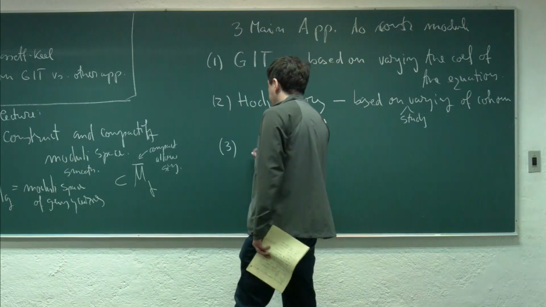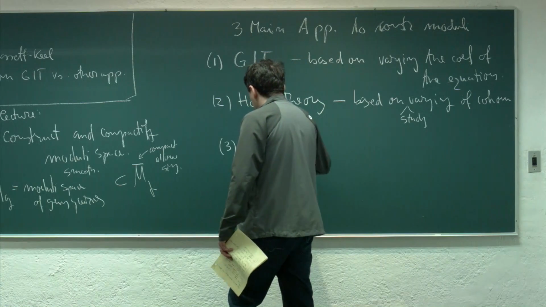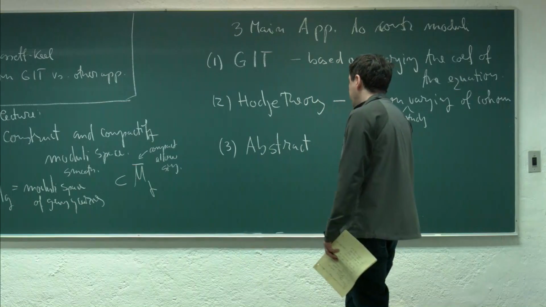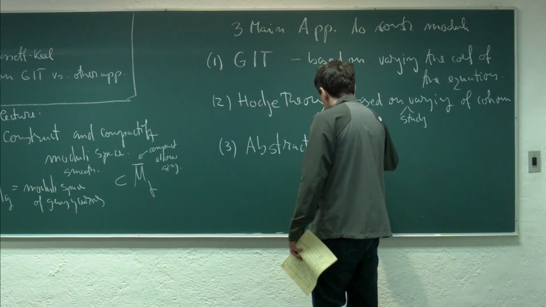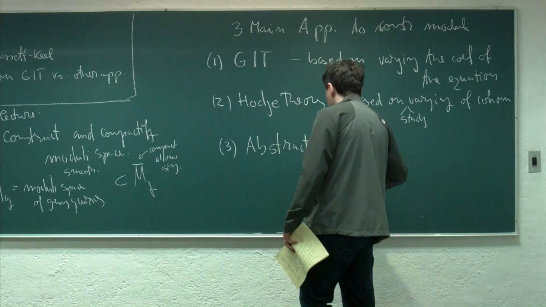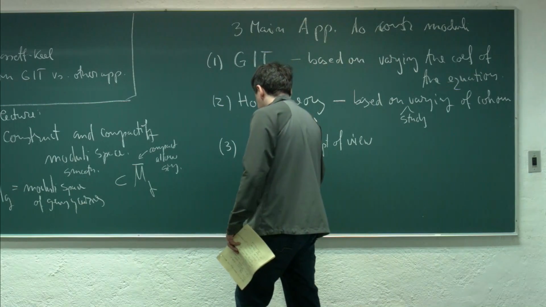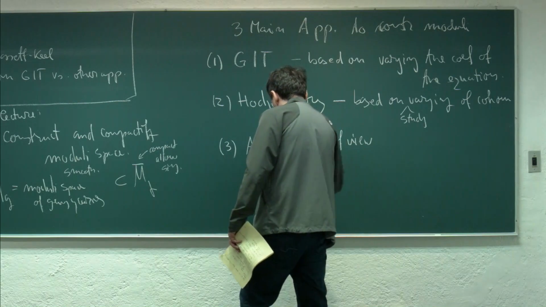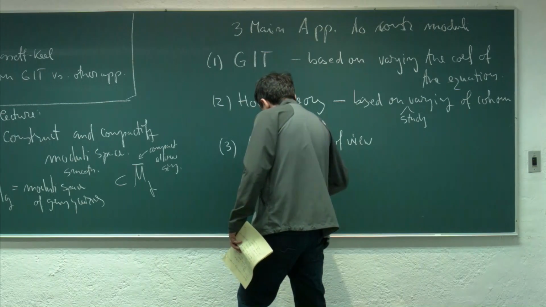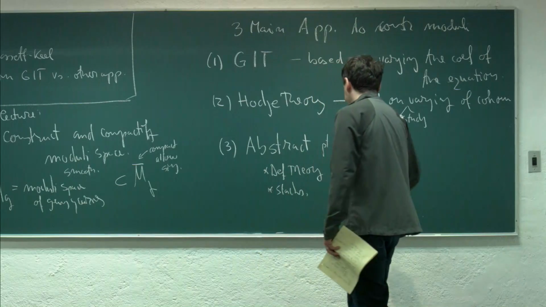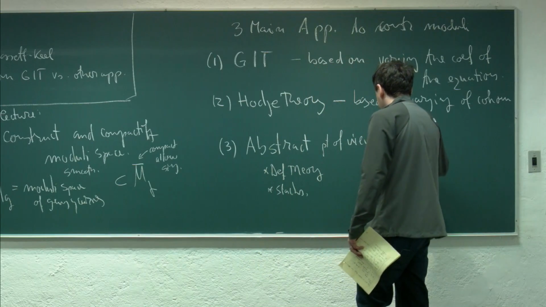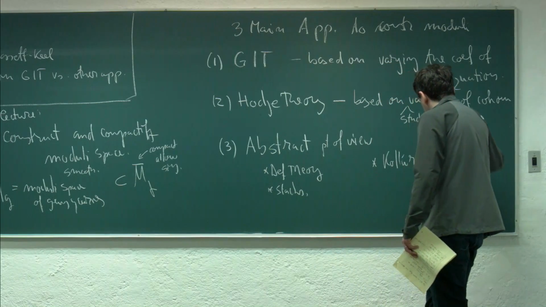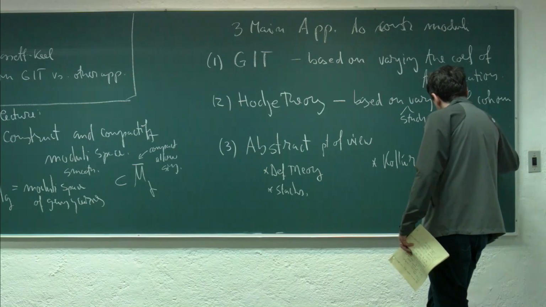And the third approach, which is what Eduardo is talking about, is the abstract point of view, where one starts with deformation theory, gets into stacks, and I don't know if there will be much discussed here. In the end, one gets into the theory of Kollár, Shepherd-Barron, Alexeev.